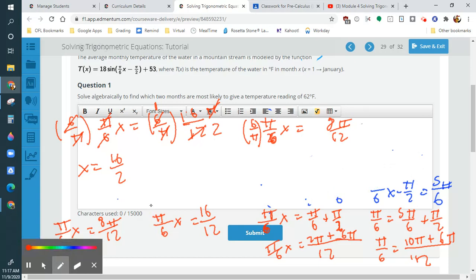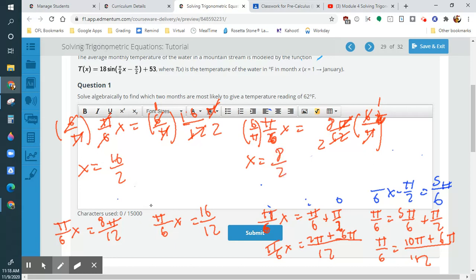So go here, then I'm going to have 6 over pi. So this cancels this out to make it a 2. This cancels out to be a 1. Pi's cancel out. So I end up getting x equals 8 over 2.